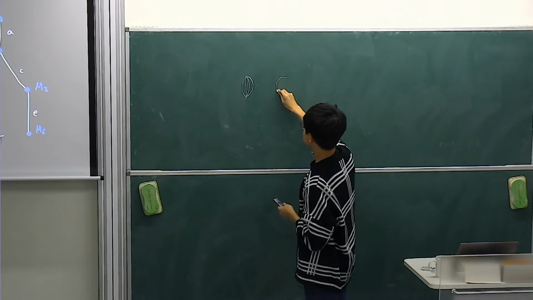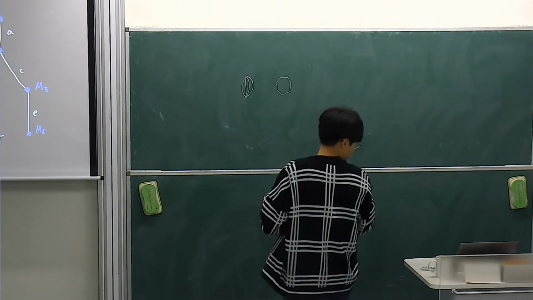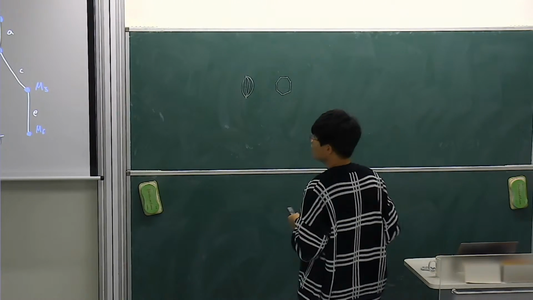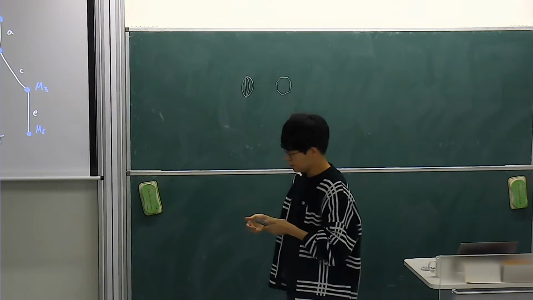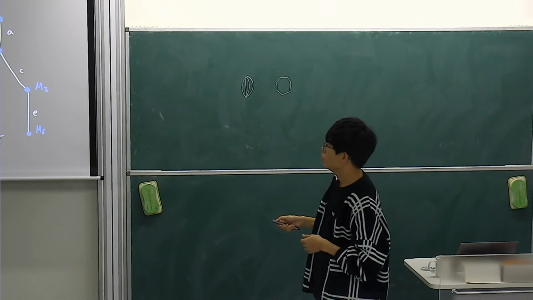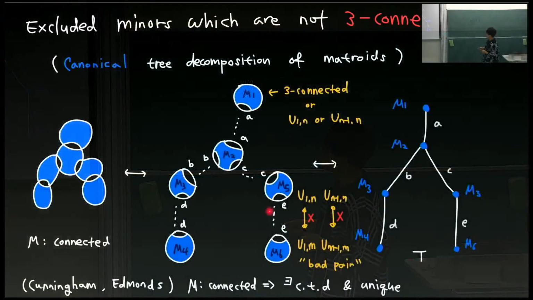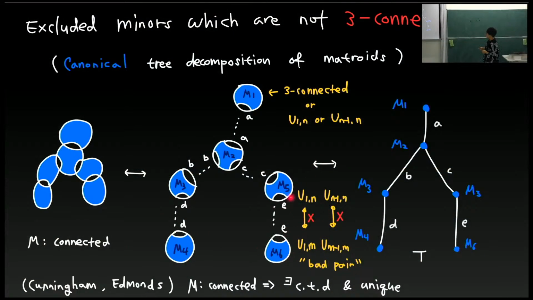Second, there are no adjacent pair of vertices such that the two corresponding matroids are both uniform of rank 1 or both of rank n minus 1. We call such a pair a bad pair.